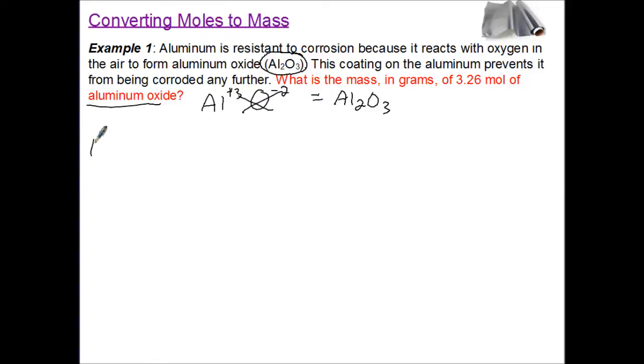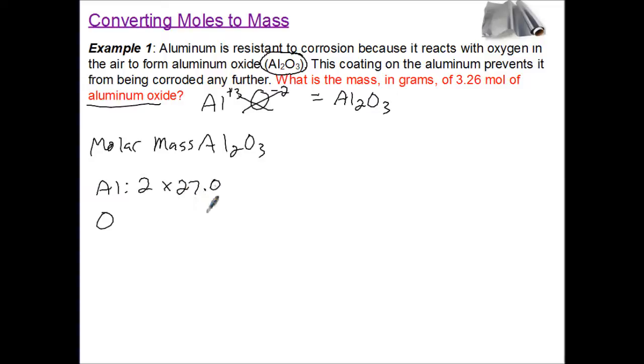The first thing is let's find the molar mass of aluminum oxide. We know in my formula I have aluminum and I have oxygen. There are 2 aluminum atoms in this formula. So I multiply aluminum by its atomic mass, and in your periodic table, the atomic mass for aluminum is 27.0 grams per mole.